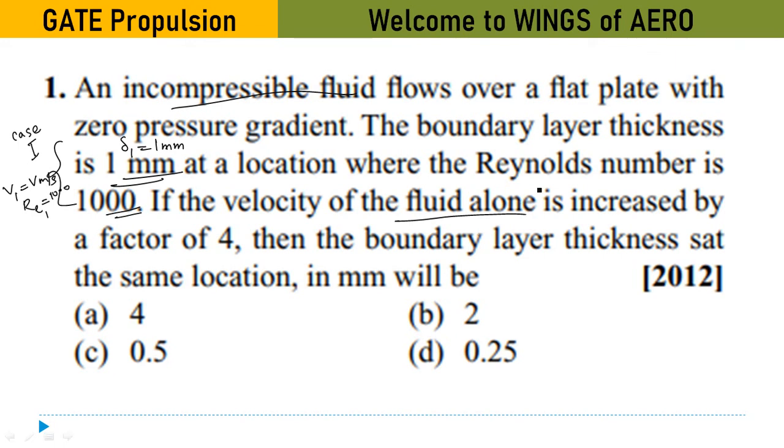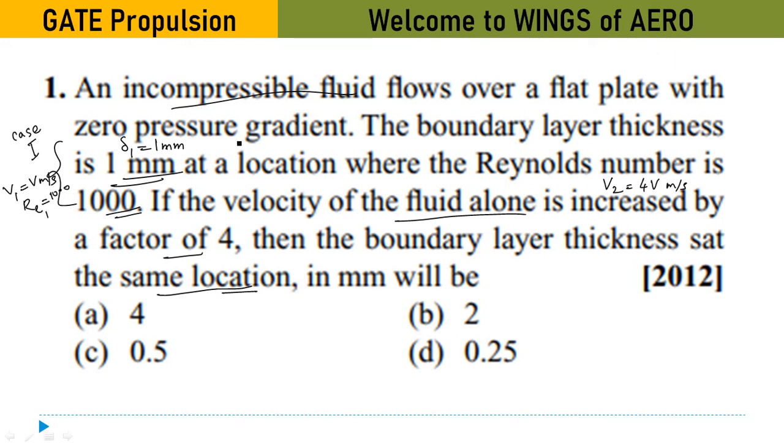So if this is a plate, at that particular point the velocity is v, distance is x, and the Reynolds number is 1000 only, right? At this condition it was 1 mm boundary layer thickness.